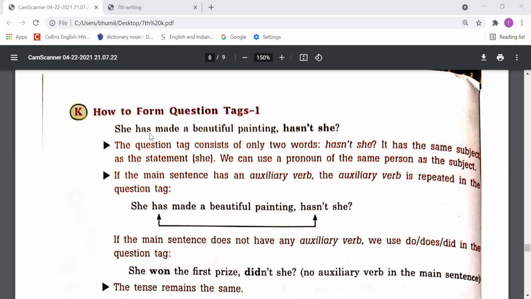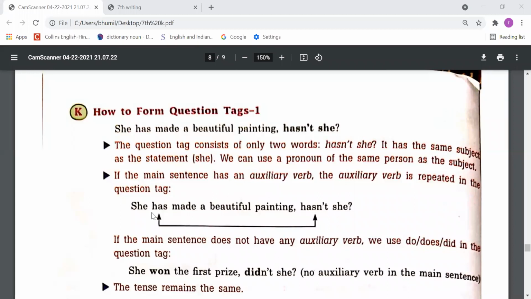That's why we have used this auxiliary verb here. If has is written there, we need to mention not with that, and we need to speak in short form, hasn't. And according to the subject, we need to mention the pronoun here. The subject is already in pronoun form. So we have mentioned the same, hasn't she? Right?